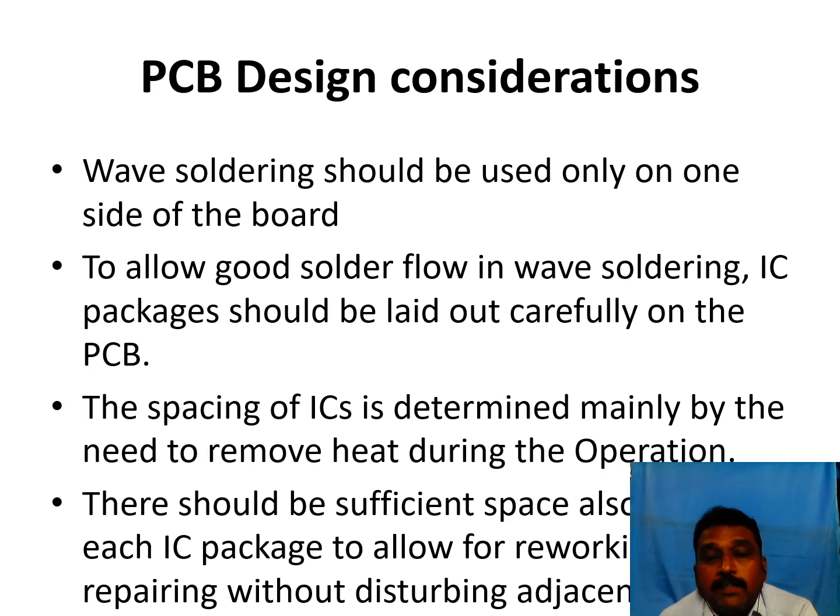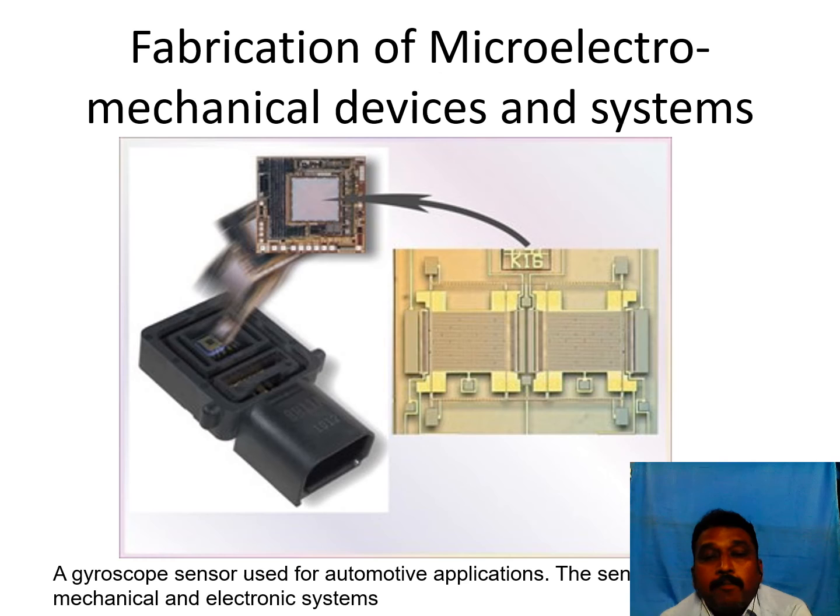The spacing of ICs is determined mainly by the need to remove heat during operation, because if you keep the devices too close, the heat evolved during operation will be more. That's why we are keeping some space. There should be sufficient space for each package for reworking and repairing without disturbing the adjacent devices. These are the design considerations. You can see this one.